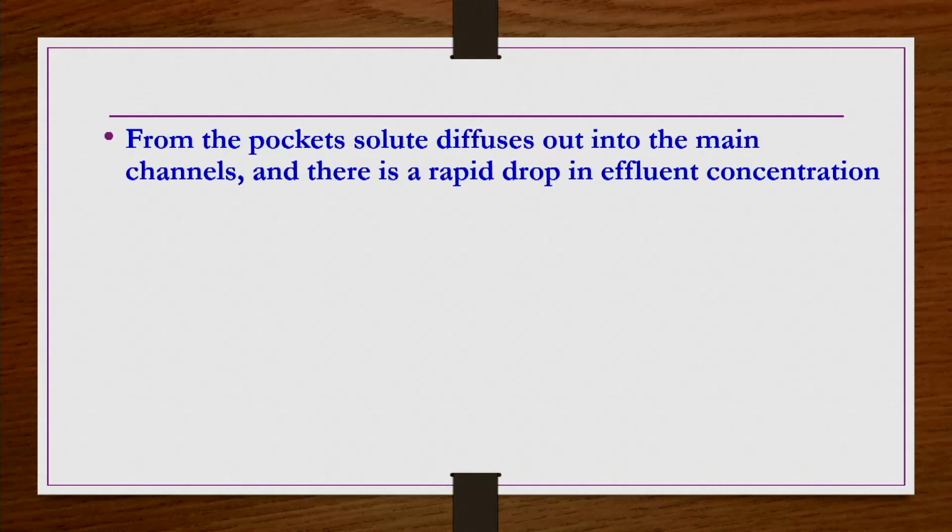Right. From the pockets, the solute diffuses out into the main channels. Because of the concentration difference, once the wash liquid is displacing the solution that is present in the void spaces, whatever solute is there in the pockets or side channels will experience a concentration difference.